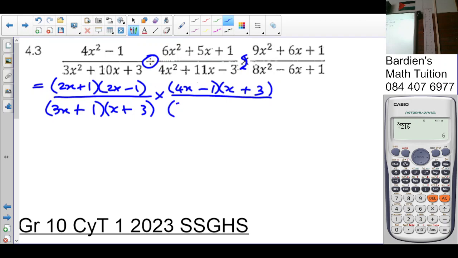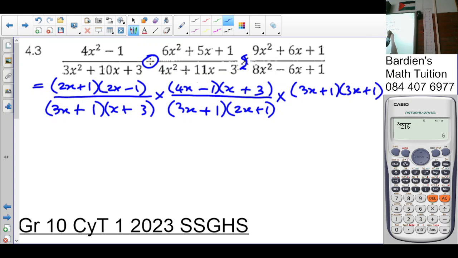And then a trinomial here, which is (3x plus 1)(2x plus 1), times the perfect square trinomial, so it's (3x plus 1) times (3x plus 1), over a trinomial again, which is (4x minus 1) and (2x minus 1).